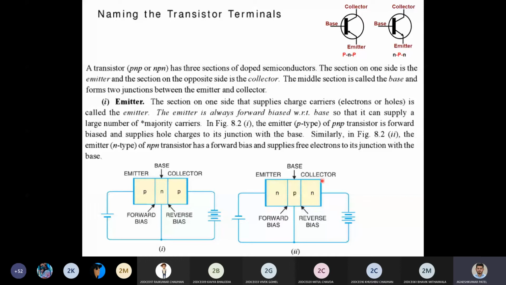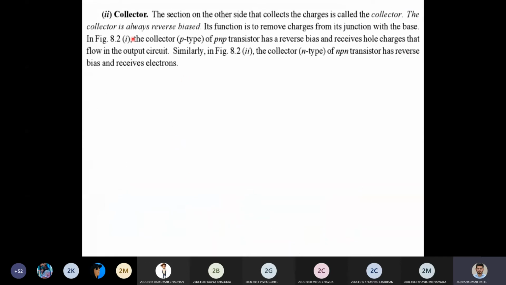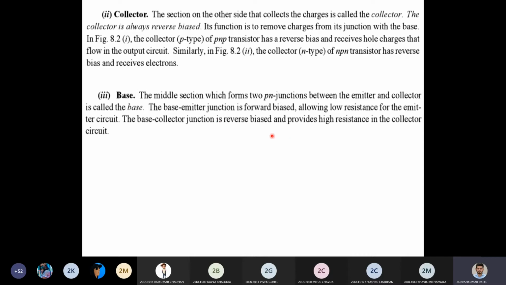That's why it is known as the collector. It will collect the electrons, or holes in the case of PNP. The collector of a PNP transistor has a reverse bias and the hole charges flow in the output circuit. Similarly, in figure 8.2, the collector of the NPN transistor has a reverse bias and collects electrons. That's the scenario for both PNP as well as NPN.